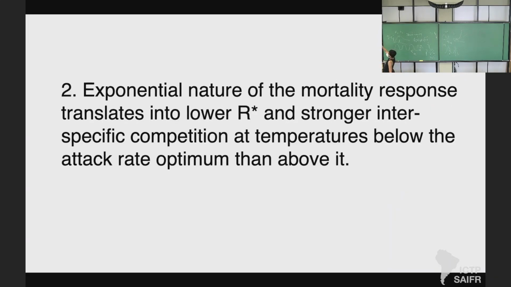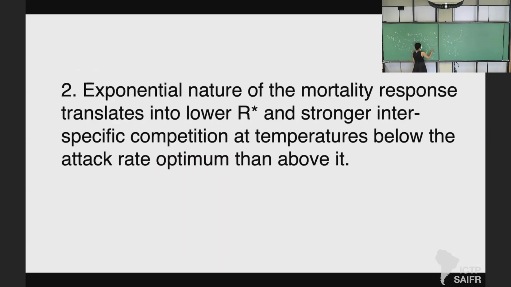The exponential nature of the mortality response always also translates into, remember, the reason why the R star looks like this is because mortality looks like this. The exponential nature of the mortality response translates into lower R star and so stronger interspecific competition at temperatures below the attack rate optimum.